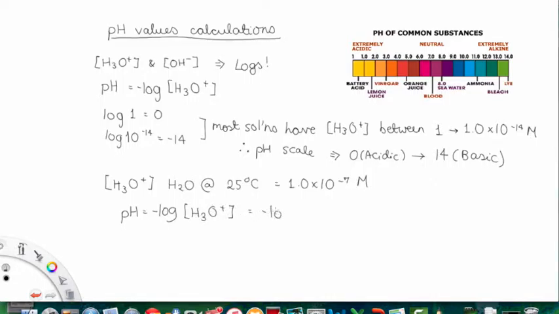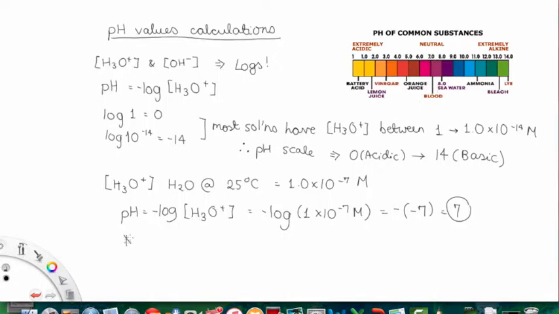So the negative log of 1 times 10 to the power of negative 7 molar is minus 7, which is positive 7. So that's why the pH scale goes from 0 to 14, and water at a pH value of 7 is going to be neutral, right here.